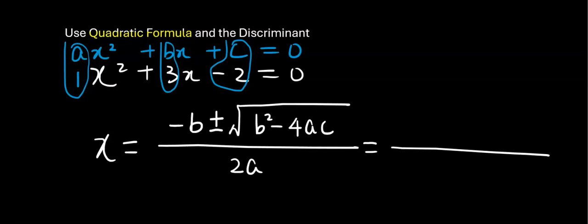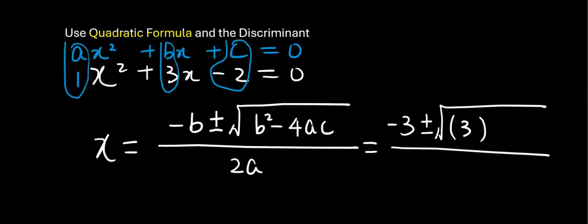So negative b would be negative 3, add or subtract, okay? And b squared, that is 3 squared, minus 4, a is 1, c is negative 2, over 2 times a, which is 2 times 1.